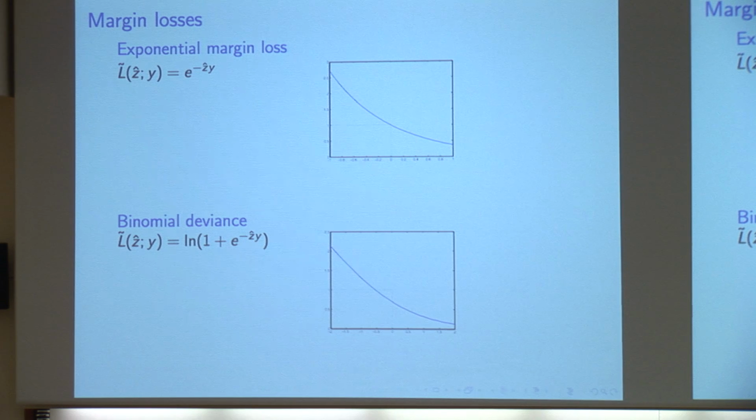The binomial deviance, you can't quite see it, but has a wonderful property, which is it becomes actually linear in the limit. So it's much more robust. If you have these outliers, the binomial deviance is going to be much less attracted, although unfortunately still quite a bit more attracted than misclassification. But anyway, much less attracted to outliers than exponential.